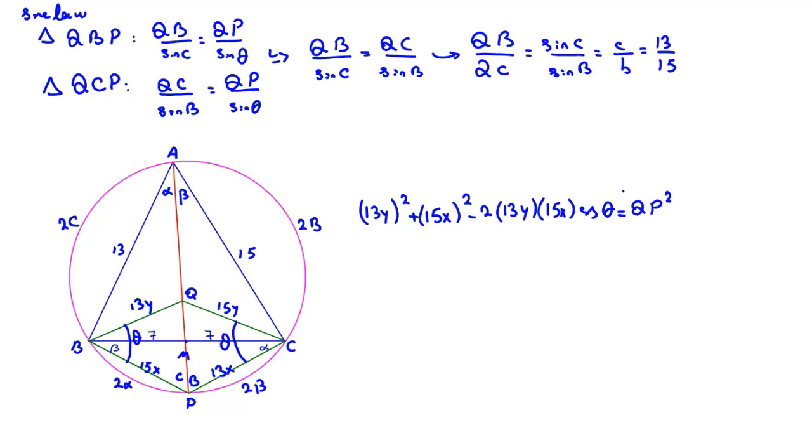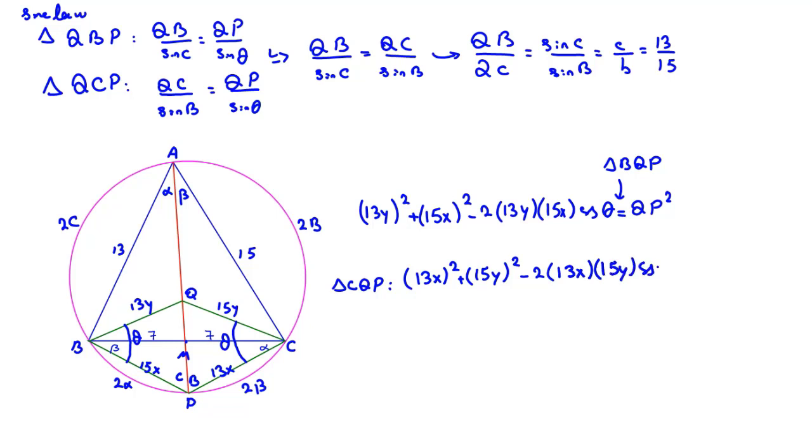Now if we use cosine law in triangle CQP, we can say (13x) squared plus (15y) squared minus 2 times 13x times 15y cos theta again equals QP squared.